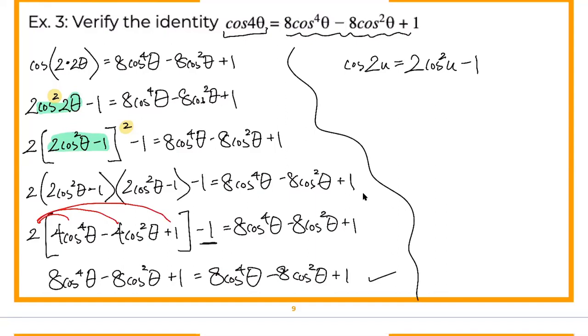Okay. So this u is going to go right here. But what we have is cosine of 2 times 2 theta, so u is really this whole thing. So when I replace it on the other side, I need to replace u with 2 theta.